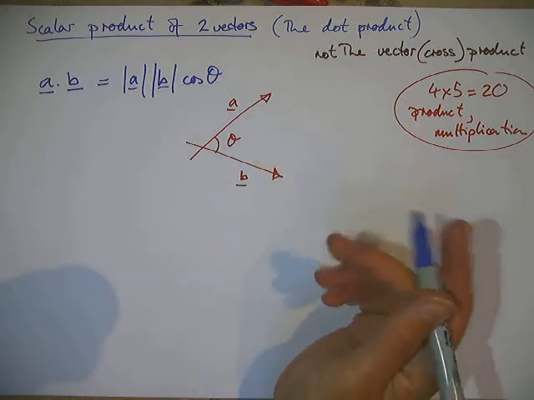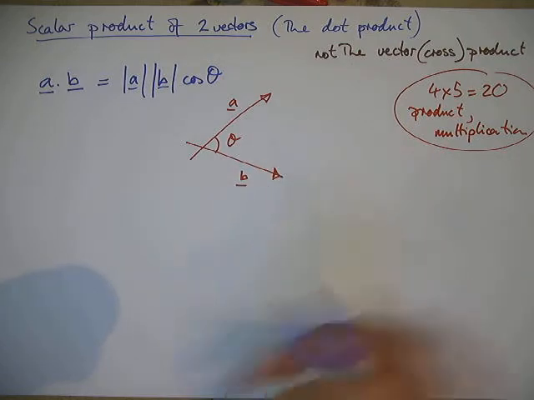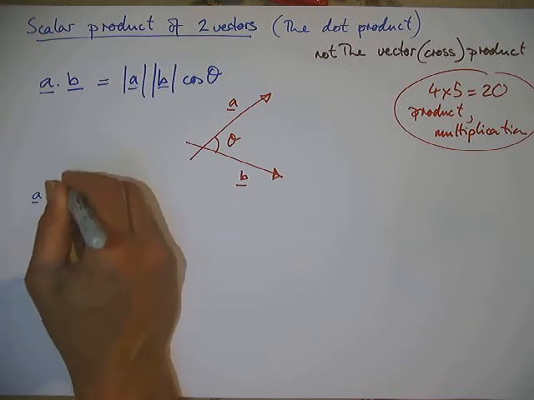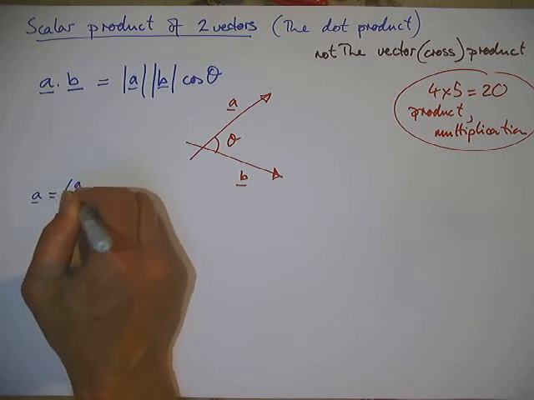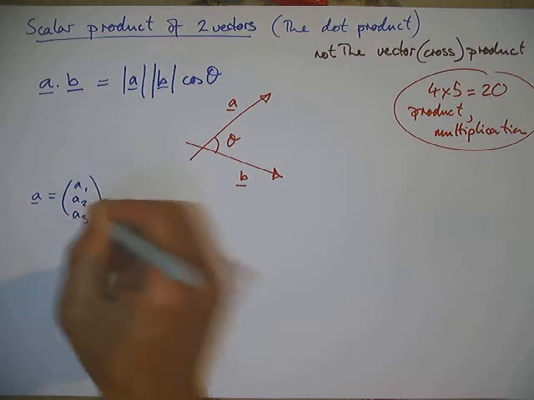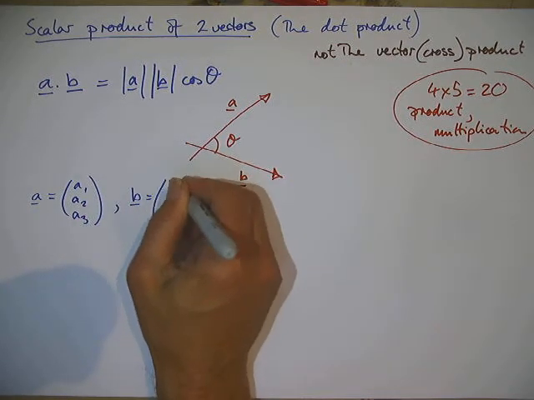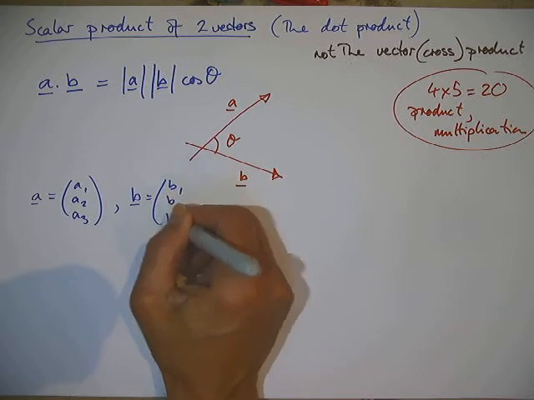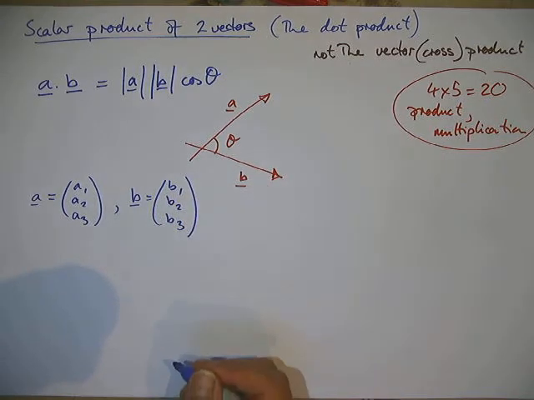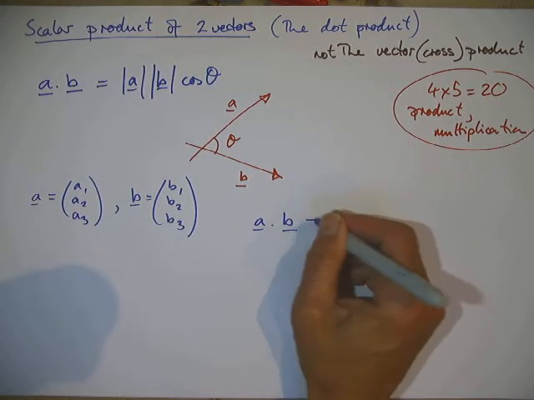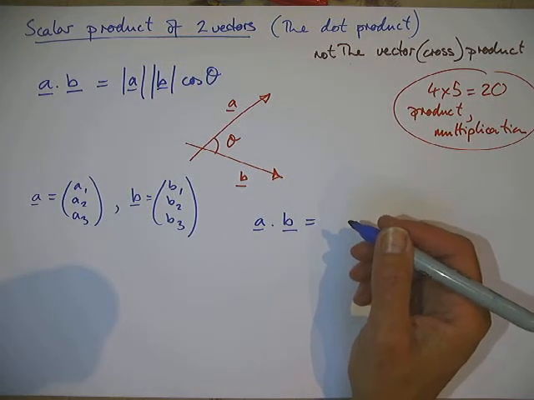In terms of how we actually work it out, if vector A is A1, A2, A3, and vector B is B1, B2, B3, the dot product is calculated, dot product, scalar product, interchangeable.